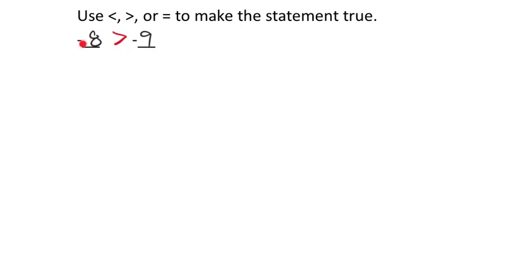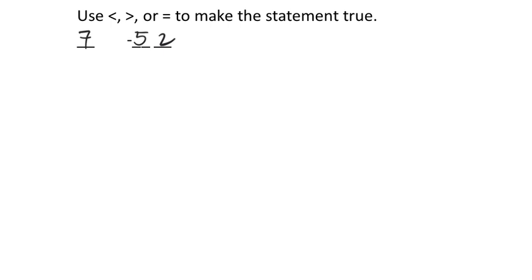If they were positives, and this is a fairly common mistake that we see with students, they see the 8 and the 9 without thinking about the negative, and then they'll put the greater than or less than symbol the wrong way, which is false. Don't make that mistake.